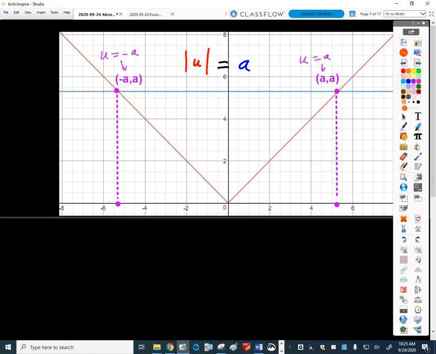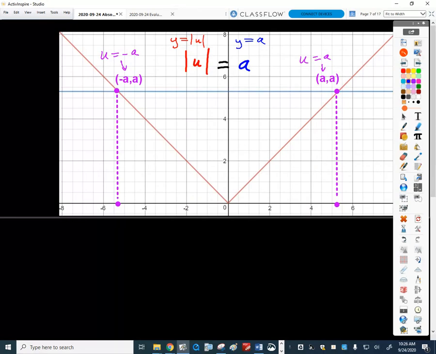So we've got these two equations then. We've got the equation y equals the absolute value of U, which is the red graph, right? And then we've got this other graph, y equals some number, y equals A, for example. Well, what does the graph of y equals a number look like? Isn't that just a horizontal line? Remember that from Algebra 1?